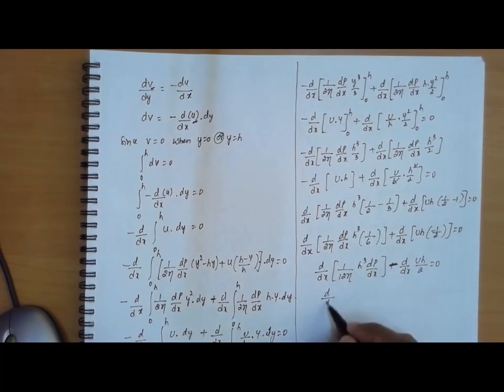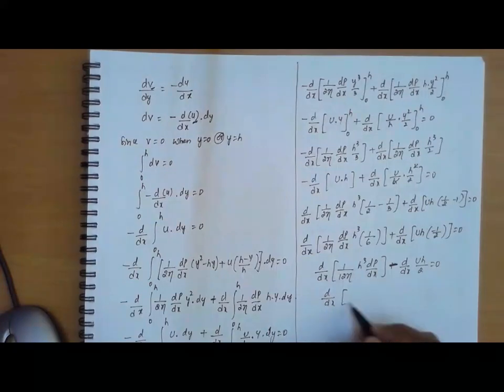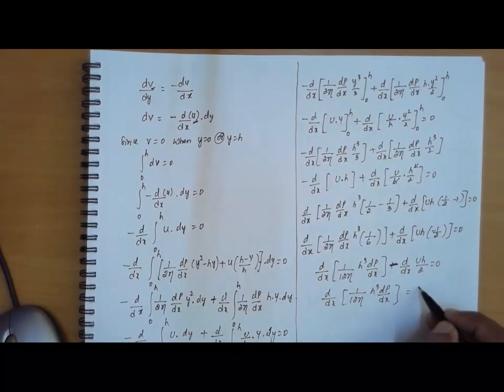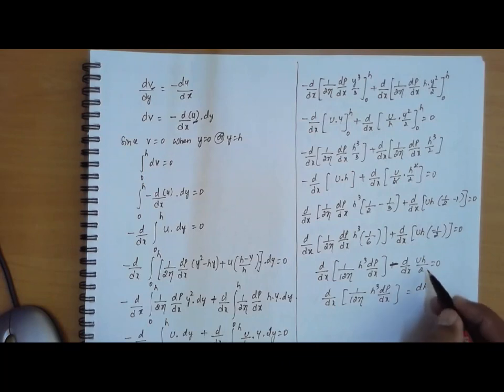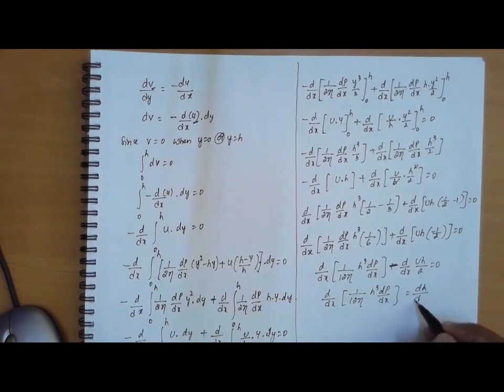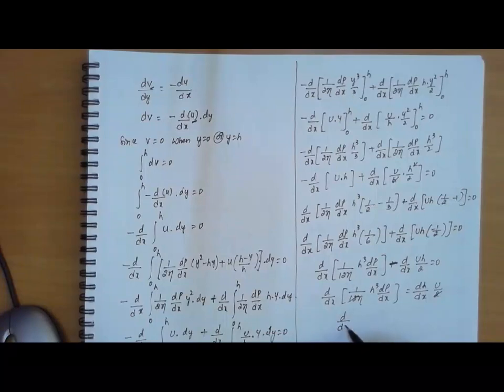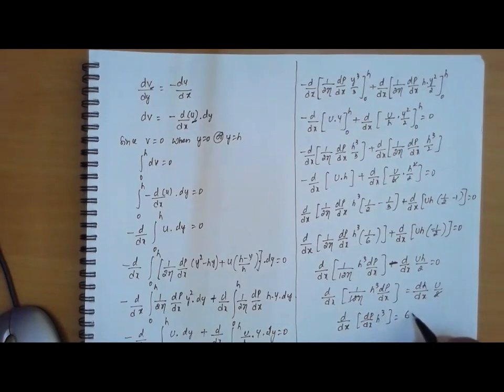Or you can transfer it: d by dx of 1 over 12 into eta h cube dp by dx is equal to d by dx of h into u divided by 2. On simplification, d by dx of dp by dx into h cube will become 6 u into eta. I'll transfer this to the other side, dh by dx.